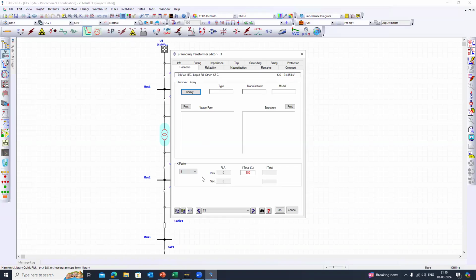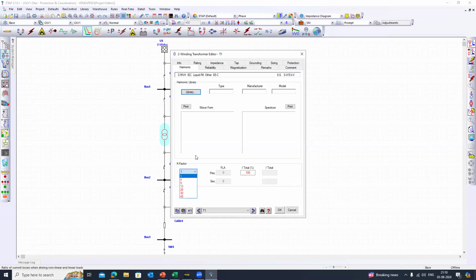So a transformer should be able to withstand that heat or temperature due to the harmonics. In that case, we will go for the K factor transformer, or you will call it a K rated transformer. You have different varieties like K factor 1, K factor 4, 9, 13.